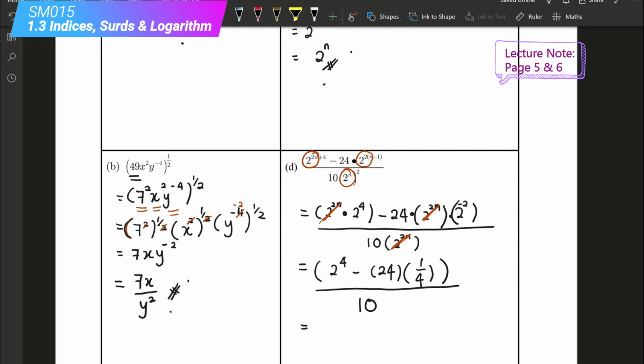So this one becomes 4, this one becomes 6. So 2 to the power of 4 is 16, minus 6, divided by 10. So we have 10 dividing 10 will become 1. This is the trickiest part, but I'm sure you have no problem with it. Okay, thank you, class.